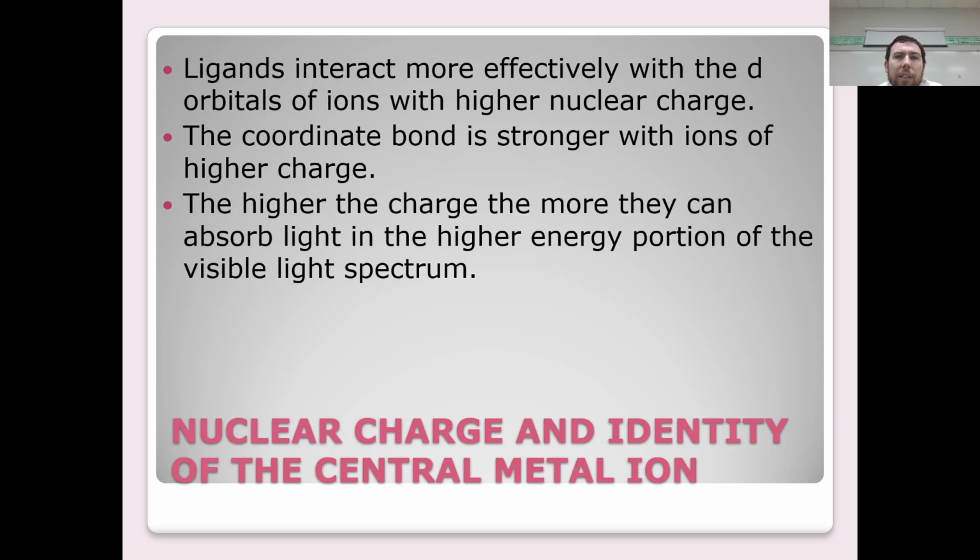Likewise, as we increase the charge, the more they can absorb light in the higher energy portion of the visible light spectrum. So what we would anticipate, I'm just using this as an example, something that has a 2+ charge, maybe it can only absorb light that's in the yellow or the green portion of the spectrum. But something that's got a 3+ charge, maybe it can absorb light that's in the blue or maybe even the violet portion of the electromagnetic spectrum.